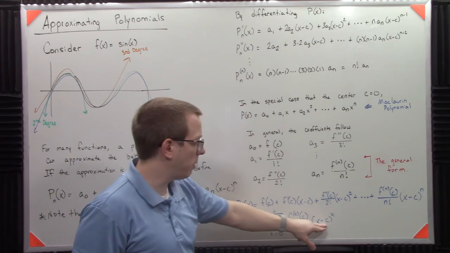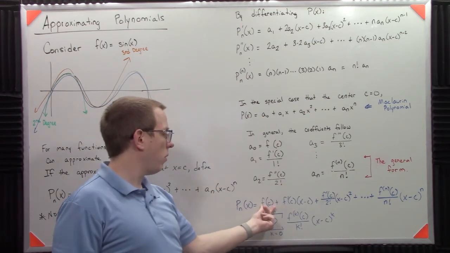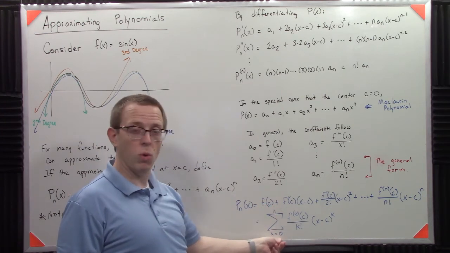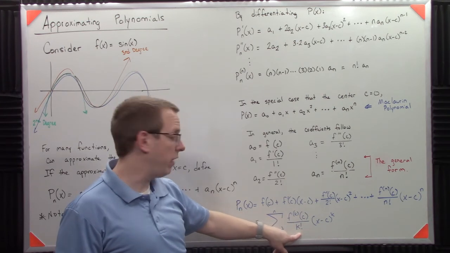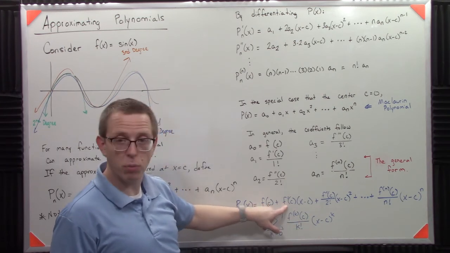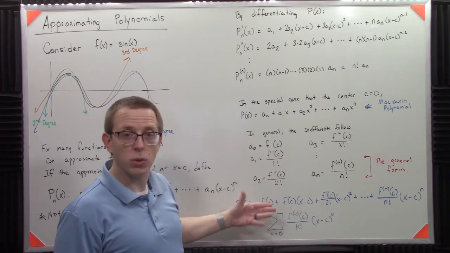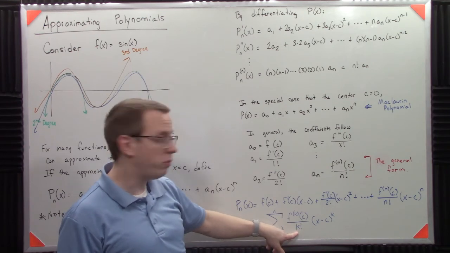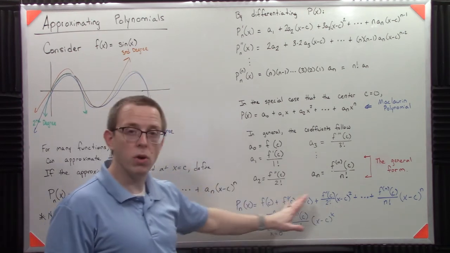And then you have x minus c to the 0 here. So that's why you don't have any sort of x minus c here. Now in the case where k is equal to 1, you have the first derivative divided by 1 factorial, which is f prime at c, times x minus c to the 1. In the case where k is 2, you have the second derivative at c divided by 2 factorial, x minus c squared, and so on and so forth.